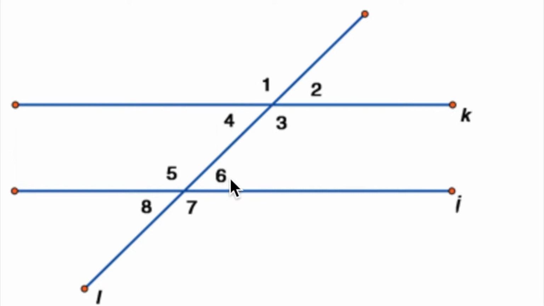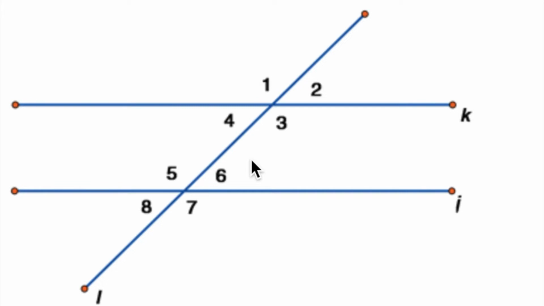So 4 and 6 are an example of that. Then we have our consecutive exterior. So that would be on the same side of the transversal, but outside of our parallel lines. So 1 and 8 are an example. Consecutive interior. Those would be on the same side of the transversal, but inside our parallel lines. So we have 3 and 6.